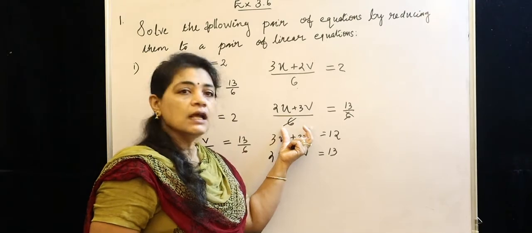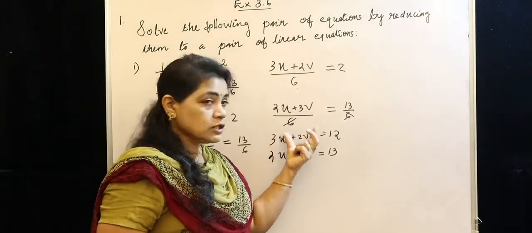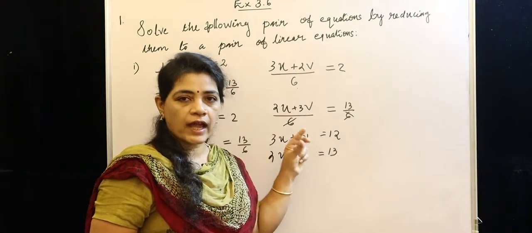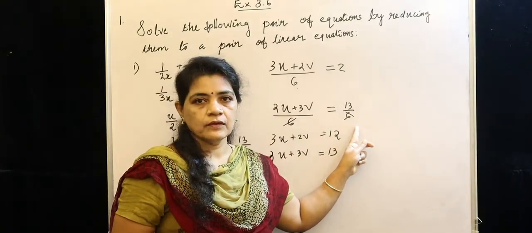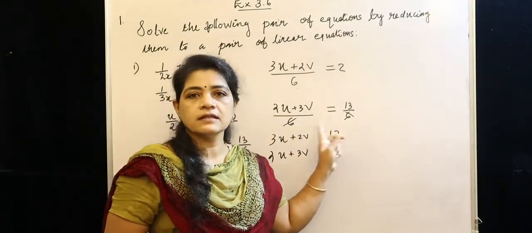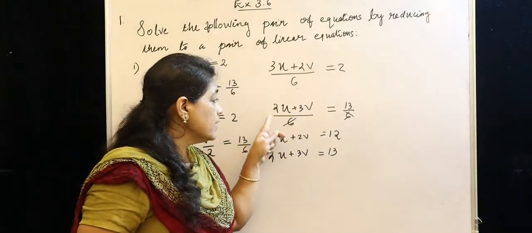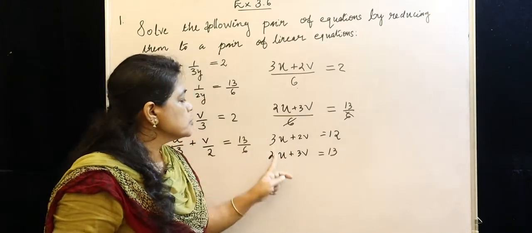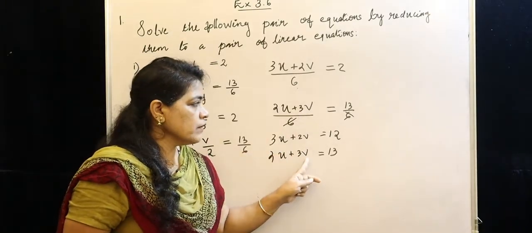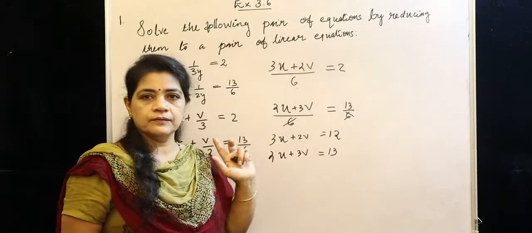This is a single term, together, in terms of fraction. So 6 and here 13 by 6, so 6 can be cancelled. So very simply you can get this without doing the cross multiplication again. So 2u plus 3v is equal to 30.